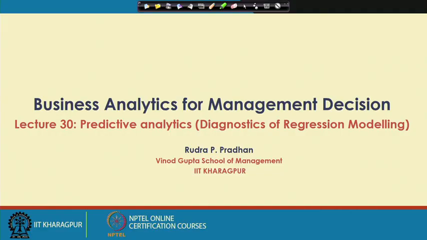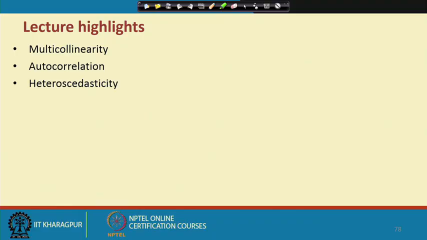Today we will continue with predictive analytics, and the discussion is on diagnostics of regression modeling. The typical coverage is on three topics: the multicollinearity problem, the autocorrelation problem and the heteroscedasticity problem.